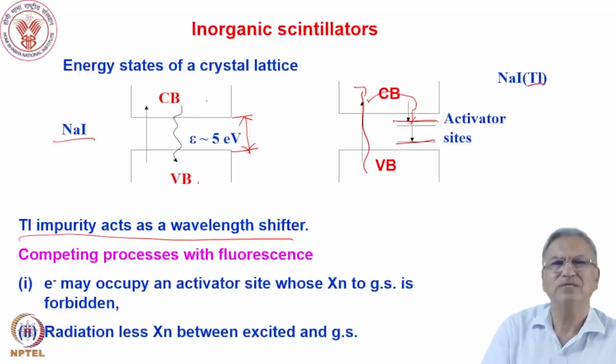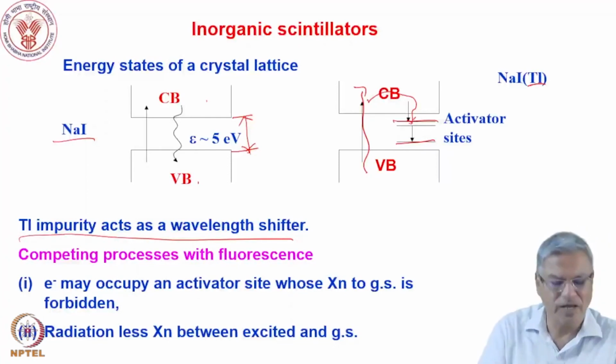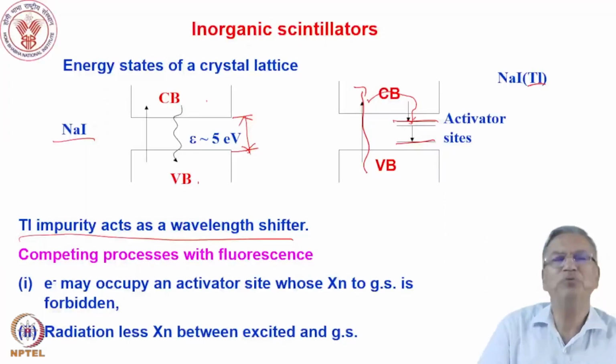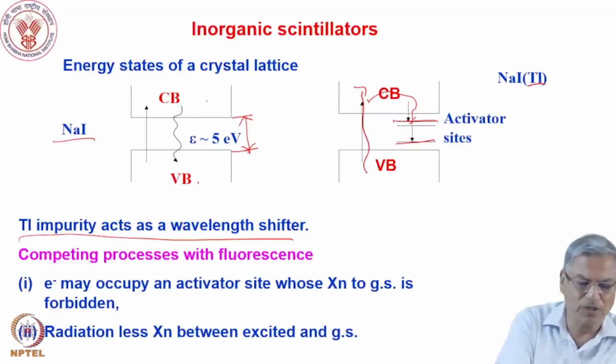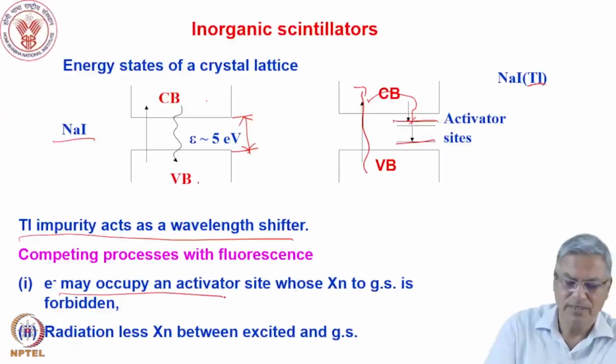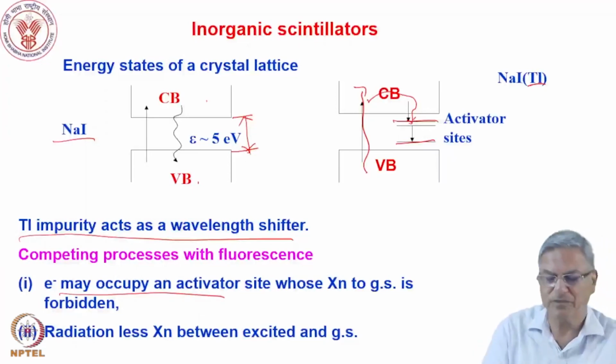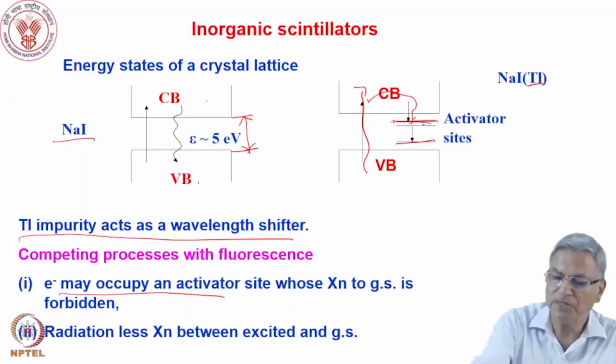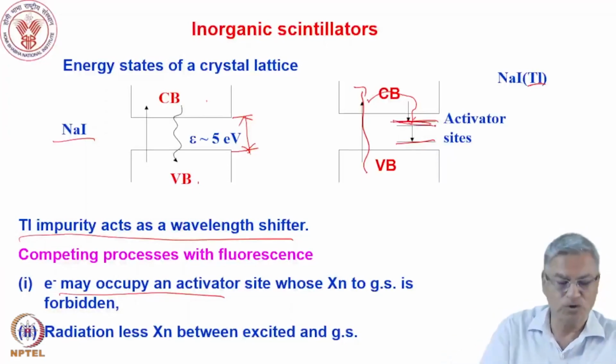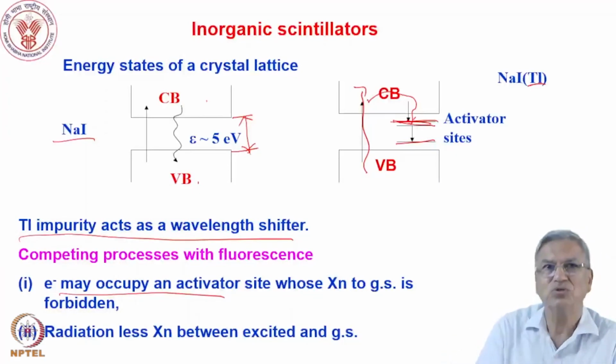Even then, the fluorescence intensity is not very high because there are processes competing with fluorescence. For example, the electron going to the conduction band may occupy an activator site, and not all these activator sites undergo fluorescence emission to the ground state.